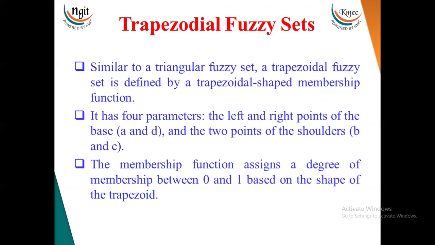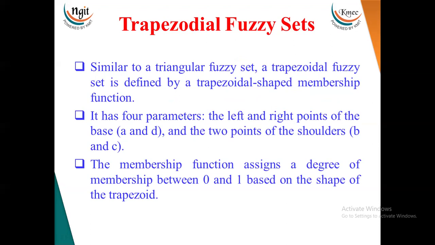Next is the trapezoidal function. We have seen that it has four parameters: A, B, C, D. The degree of membership is assigned between 0 and 1 according to the shape of the trapezoid, just as the triangular one is based on the triangle.